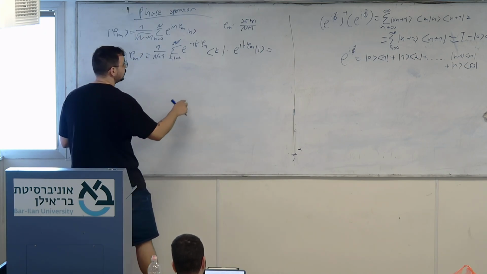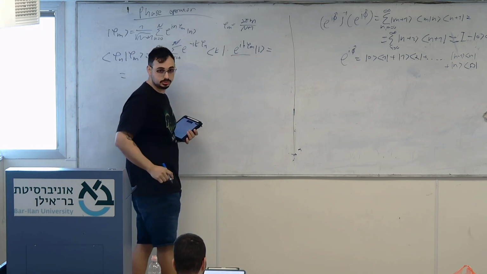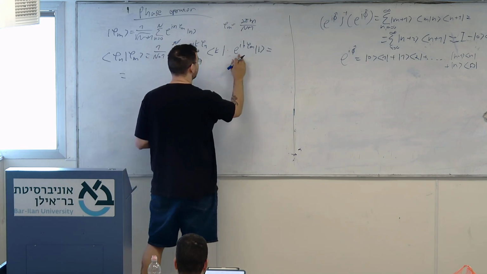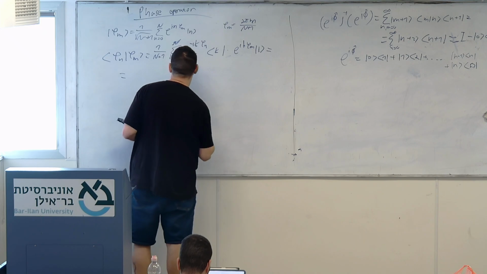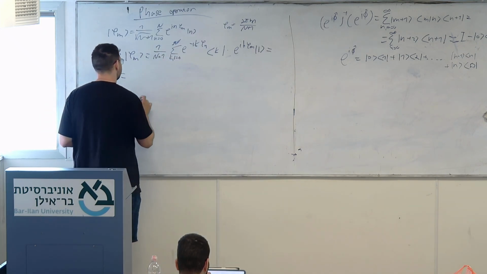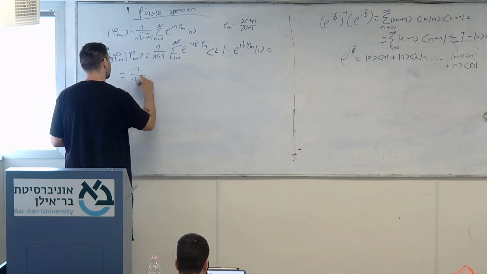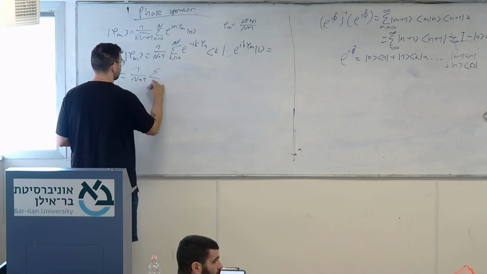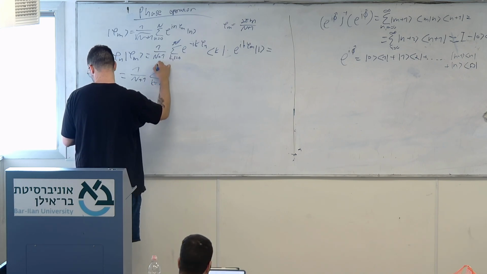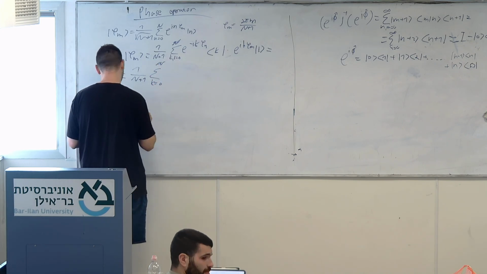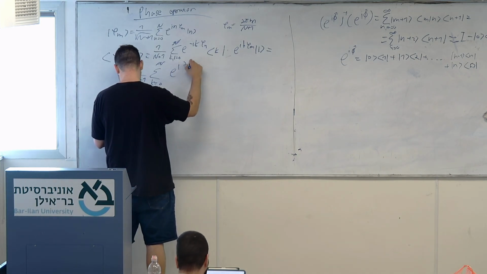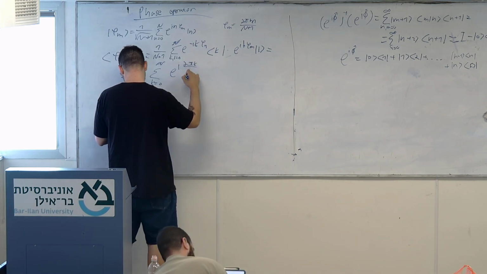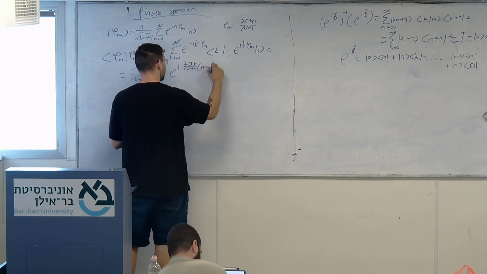Now this is a number, so I can take it out, and we're only left with the multiplication of these two terms, which are orthonormals. So we can reduce this sum to one sum. It's 1 over n plus 1, sum over k equal to 0 to n, e to the i 2 pi k (n minus m) over n plus 1.